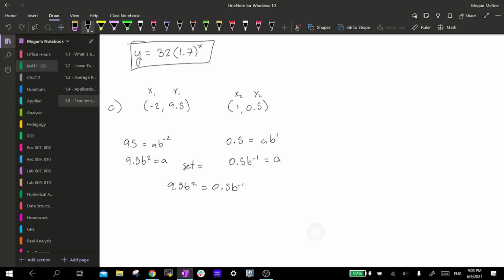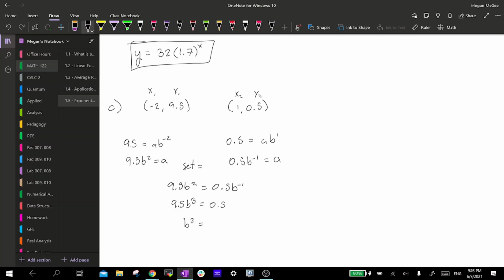So I'm going to go ahead and multiply by b to both sides again to cancel out this b to the negative 1. So I'll get 9.5, this time b cubed is equal to 0.5. And then I'm going to divide both sides by 9.5.